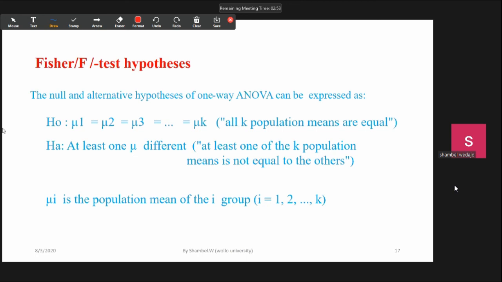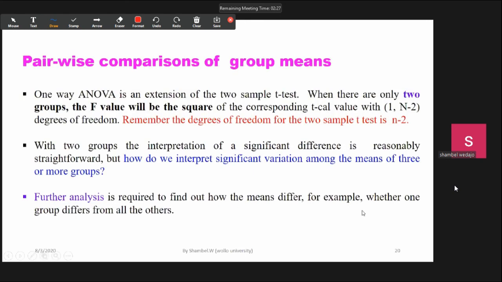But if we accept the alternative, there is variation, and to say which mean brought the variation we need a post hoc test, a pairwise comparison of sample means. Further analysis is required to find out how the means differ, for example whether one group mean differs from another, pairwise.